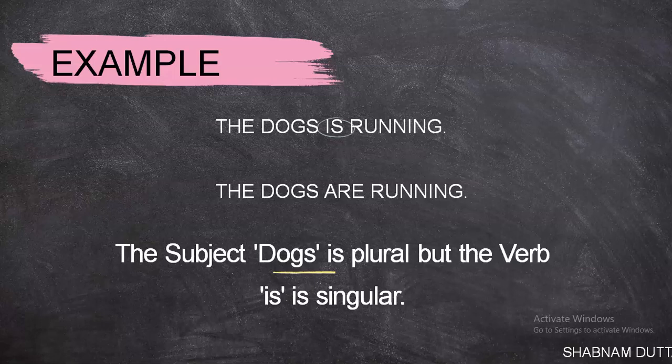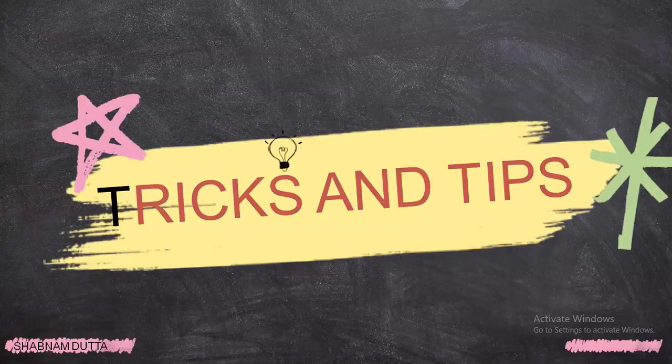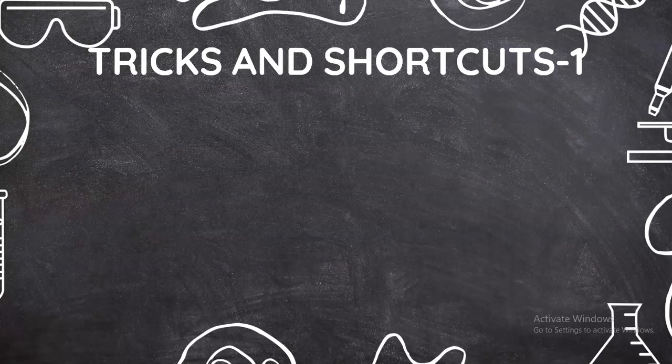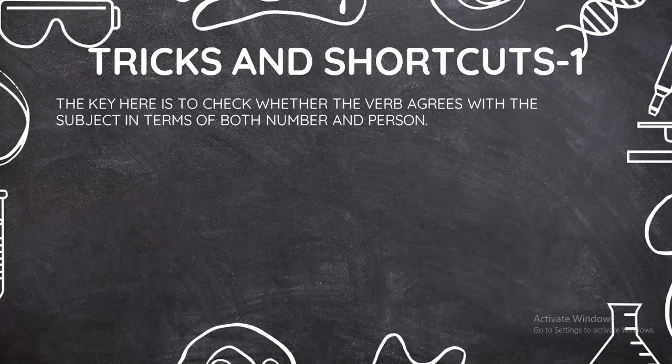Clear? Now, would you like to know some tricks in order to avoid such minor mistakes? I am sure you would. So here we go. To avoid making mistakes in subject-verb agreement, the key is to check whether the verb agrees with the subject in terms of both number and person.